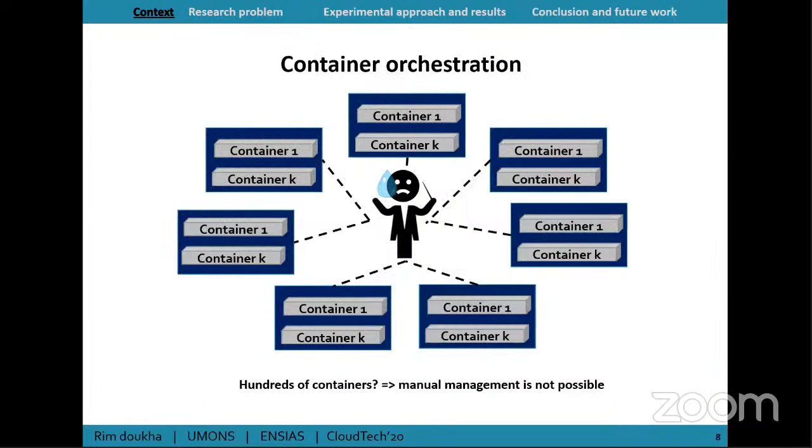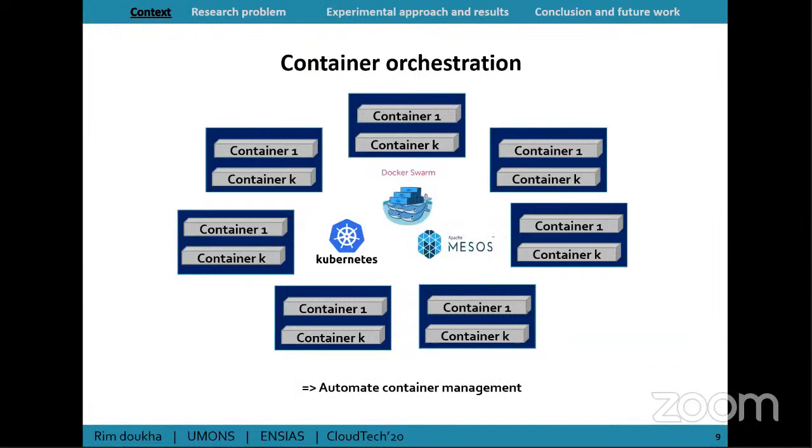With the expansion of containers, it is important to automate container management, as hundreds or thousands can run on distributed servers, and manual management, of course, cannot handle such environments. Kubernetes, Docker Swarm, and Apache Mesos represent the three big technologies in container orchestration. These technologies offer several advantages to manage and orchestrate the applications.